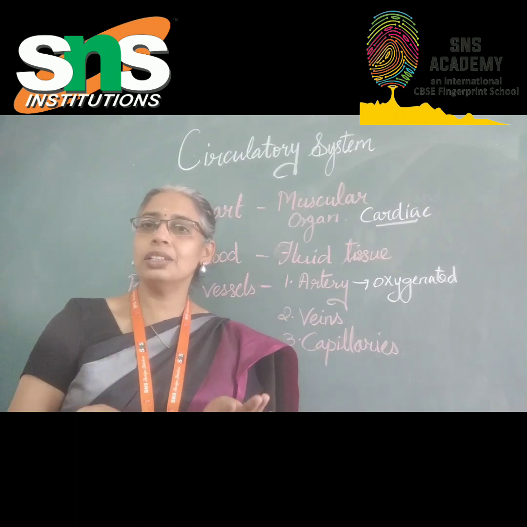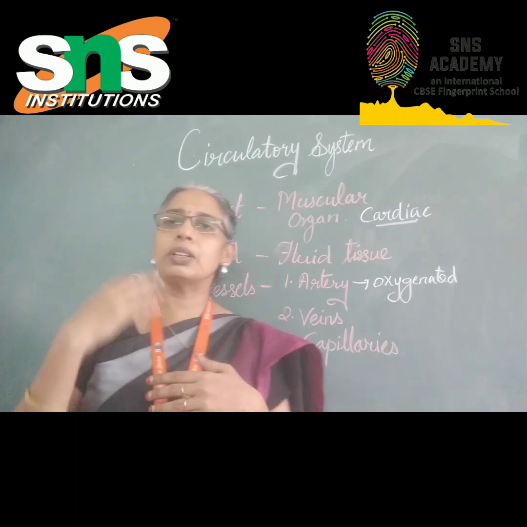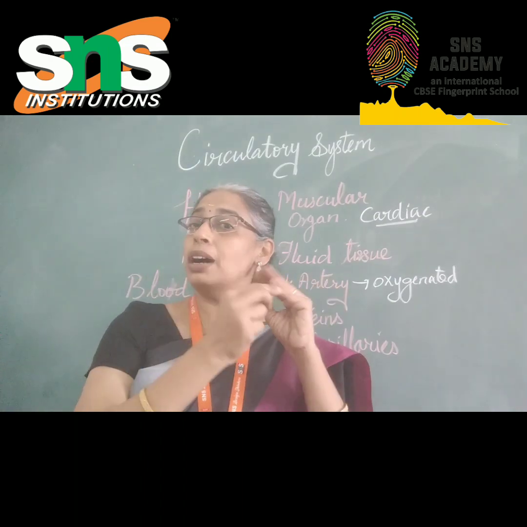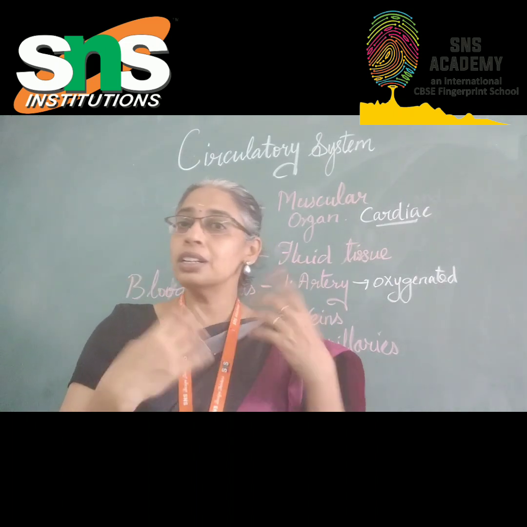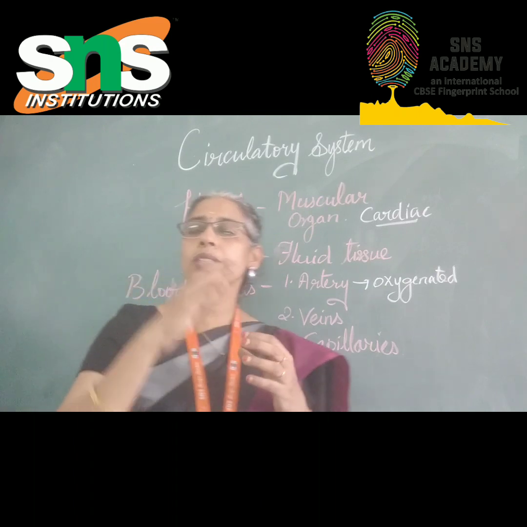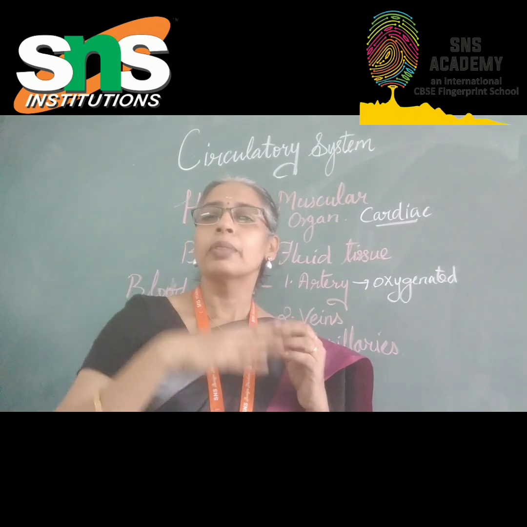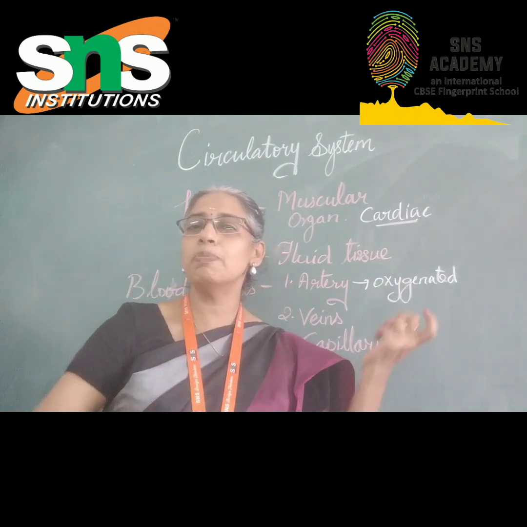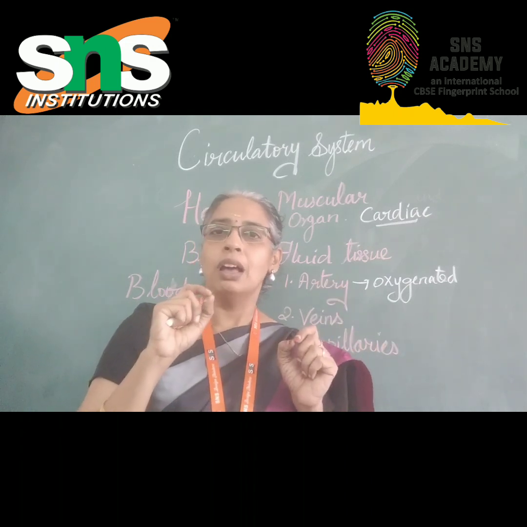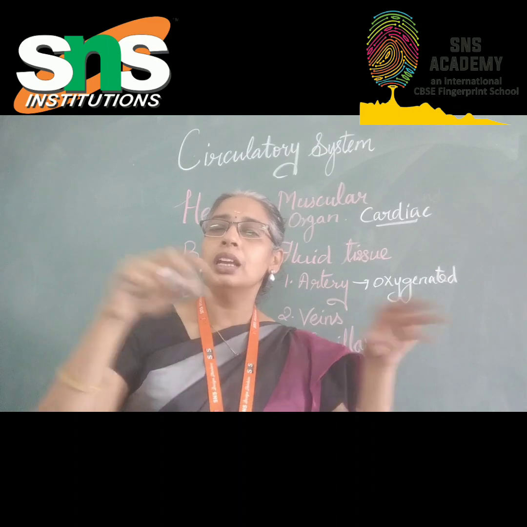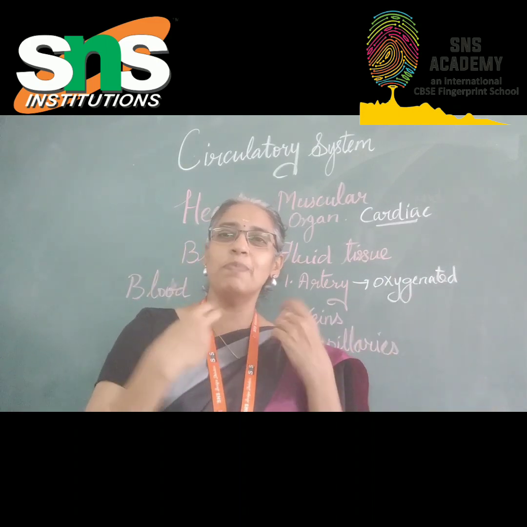Similarly, the digested end products need to be transported to each and every part of our body. Every cell should get it. Energy we need, right? So all of that has to be transported to all the parts. This is done with the help of arteries, which are thick walled vessels or tube-like structures. From the heart, it will be transported to all parts of the body.